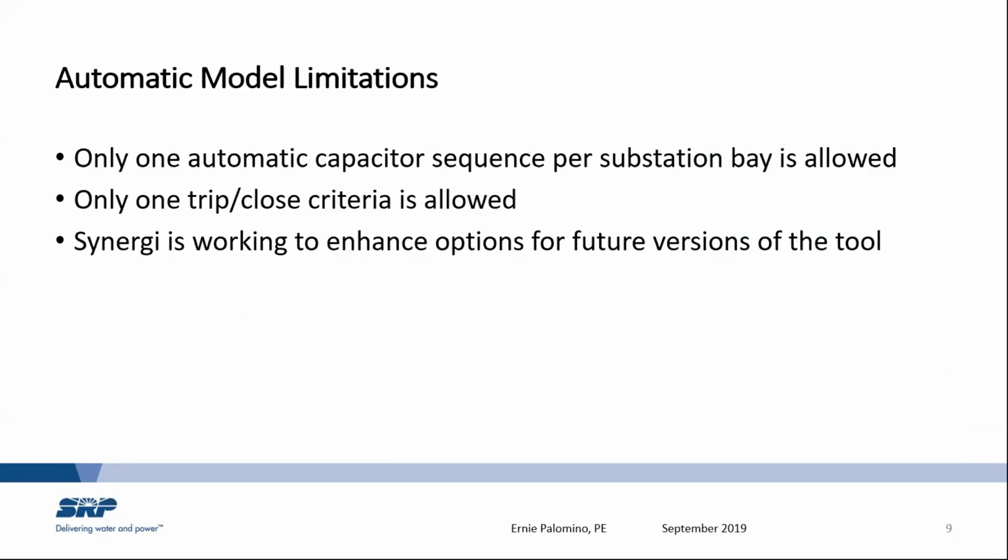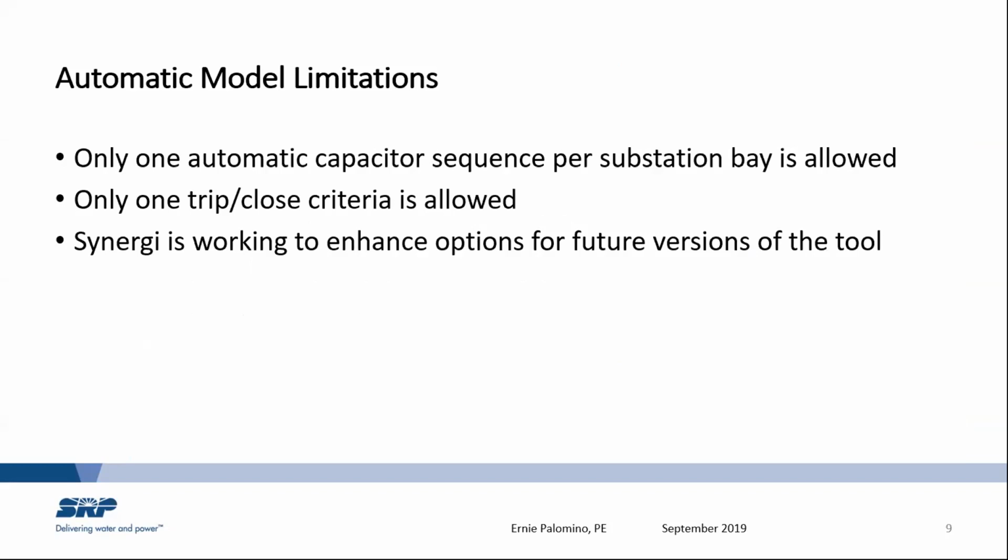Now, before I go into my results, there were some limitations. For each capacitor, we could connect it to a substation bay, and we could only do one sequence. For most of our capacitors out in the field, that's fine, because the capacitors in the field and the capacitor banks inside the substation are part of the same sequence.